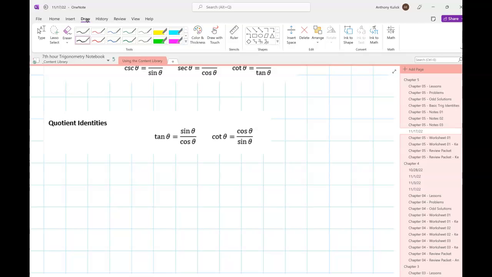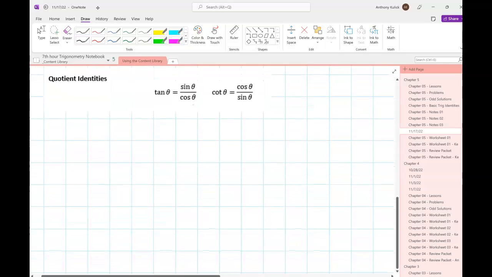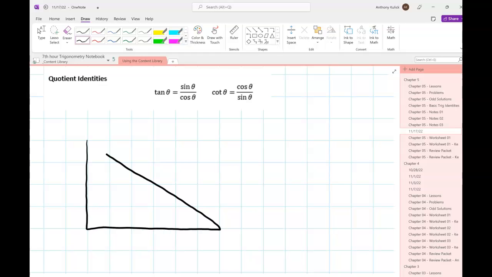So again, these are things that we intuitively already had talked about. We're just formalizing them as an identity. But this is not new information per se. Let's imagine now that we have a right triangle. Let's call this angle theta.